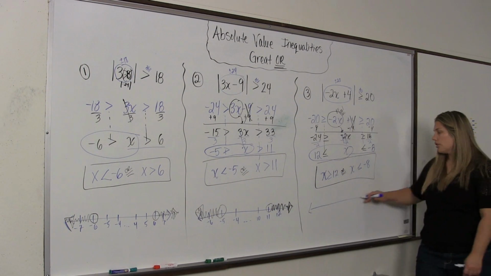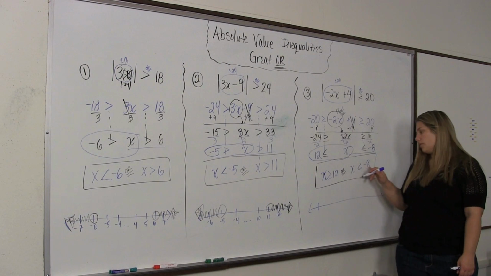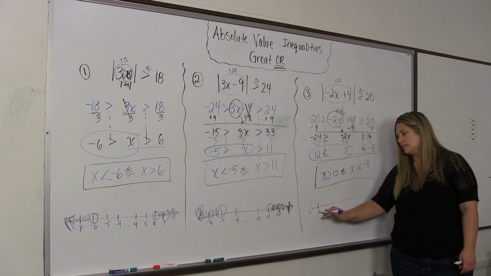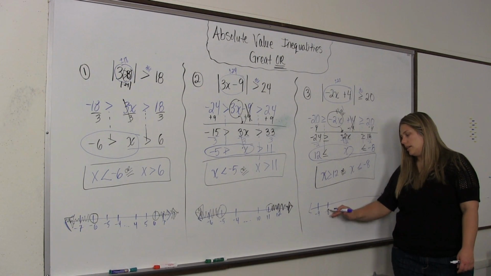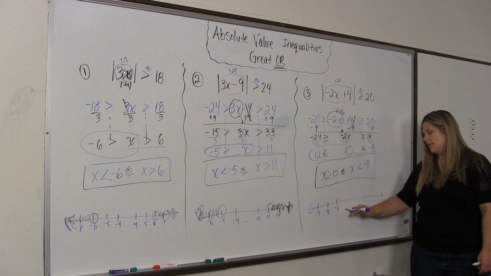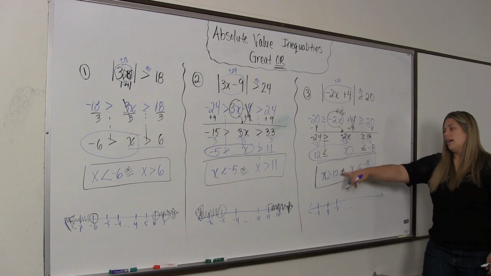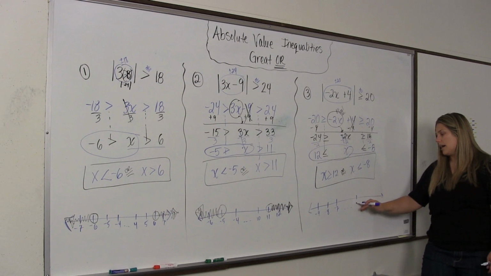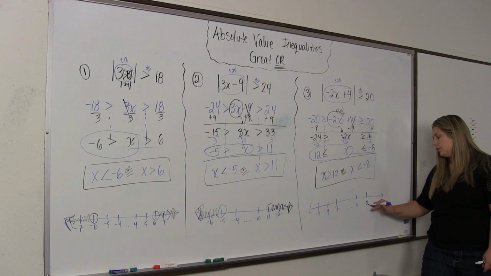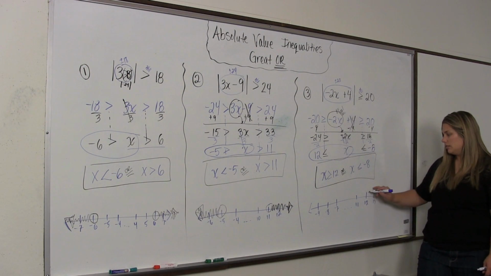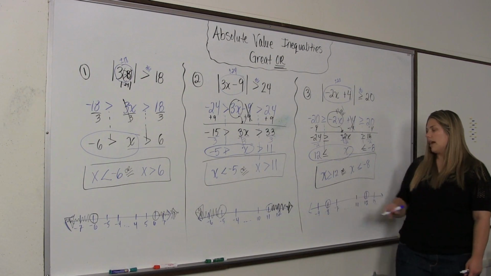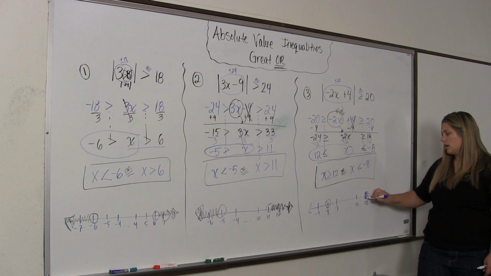So when I go to graph this, I need to start with one further to the left from negative 8. So I'm going to start with negative 9, negative 8, negative 7. Before the 12, I need to pick back up at 11, 12, and 13. I'm going to put circles on that negative 8 and that positive 12.